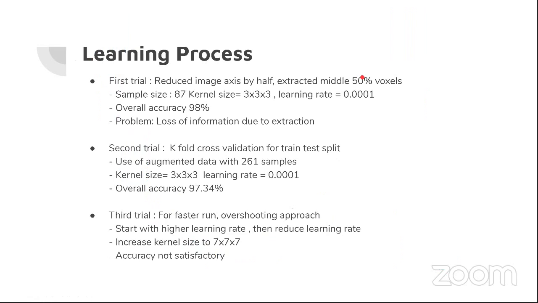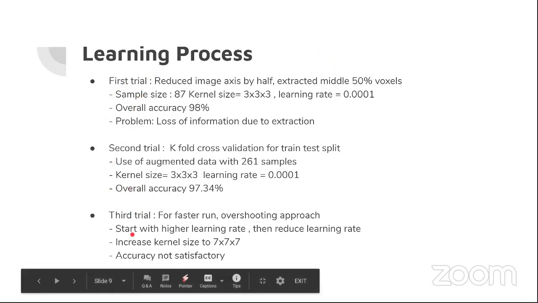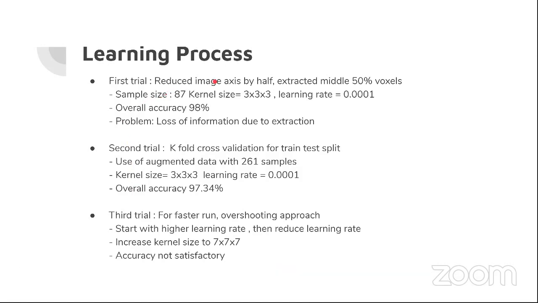Thank you, Jimmy. Before reaching our final model, we had multiple trials, some of which are stated here. First we trained our original U-Net architecture with around 300,000 parameters on the original sample size of 87 images. Here we split the data 80% for training and 20% for testing. To reduce training size, we downsampled each image axis by half, extracting the middle 50% of voxels.